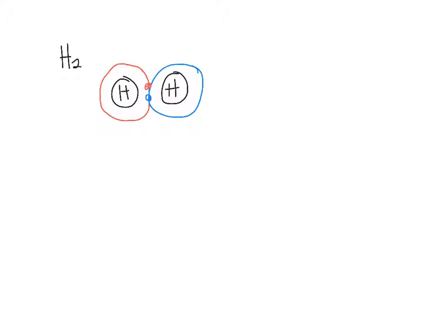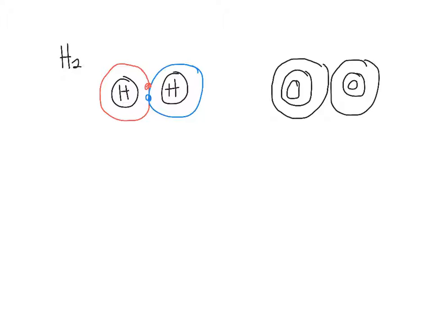With oxygen, it gets a little more complicated. Because here, let's do, you have to have 4 electrons in the same region because each oxygen needs 2 more.